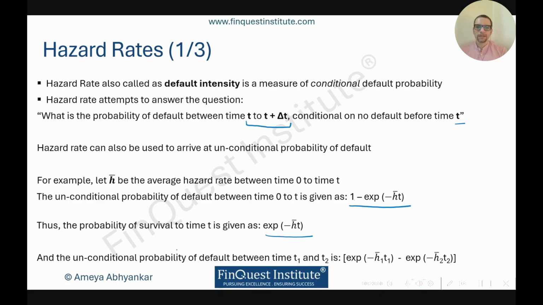Now, if we are interested in calculating the unconditional probability of default between times t1 and t2, then it will be just a simple subtraction. So it can be given as this quantity.